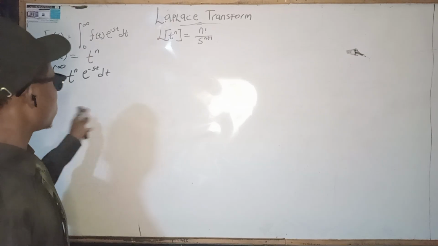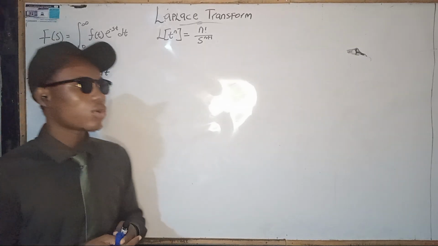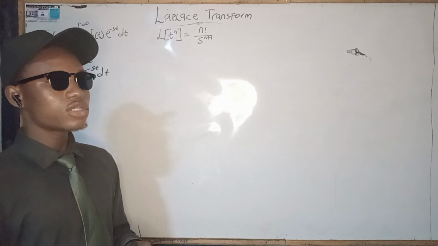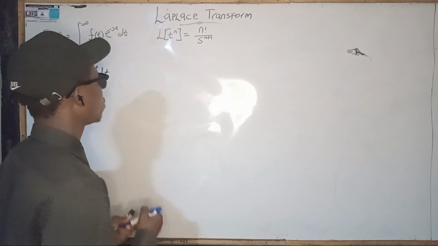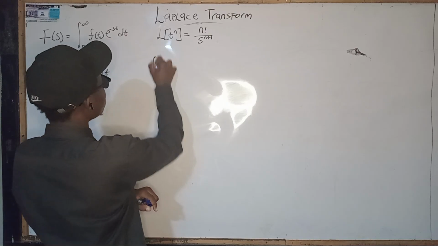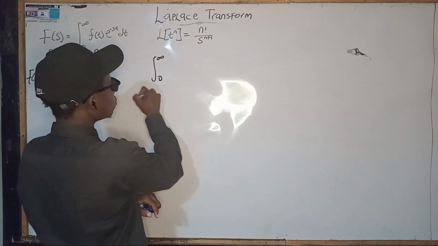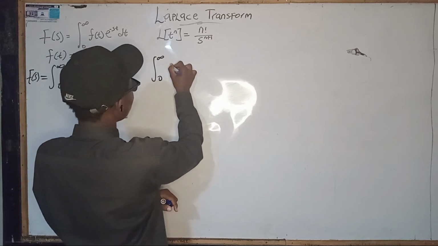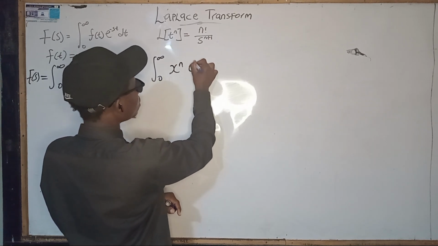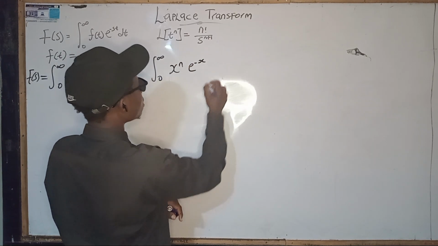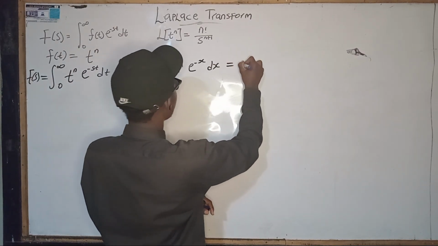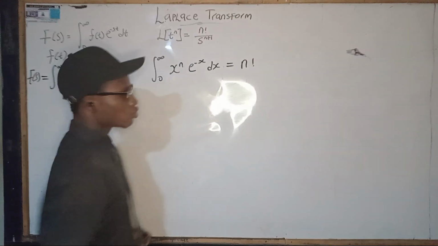So now, moving on to gamma functions. For those that do not know about gamma functions, first of all, the basic form of the gamma function is the integral from infinity to 0 of x raised to power n times e raised to power minus x dx, which is equal to n factorial.